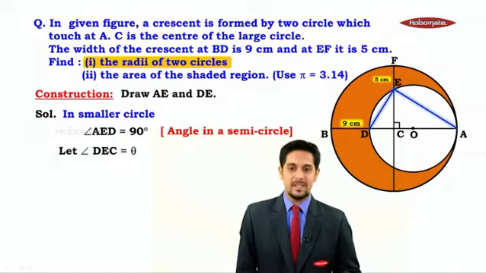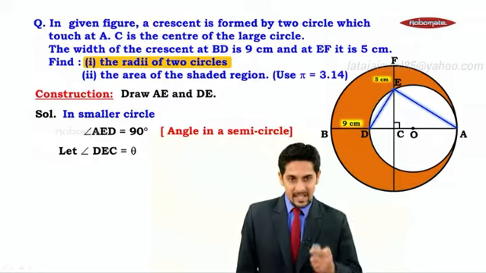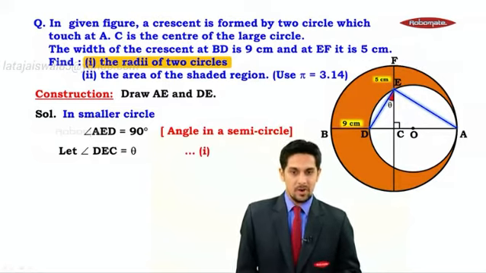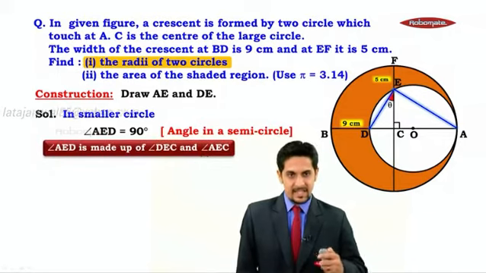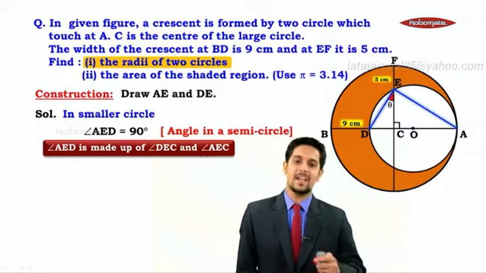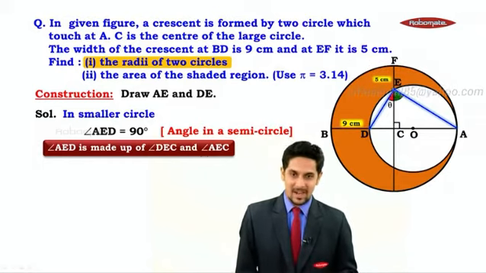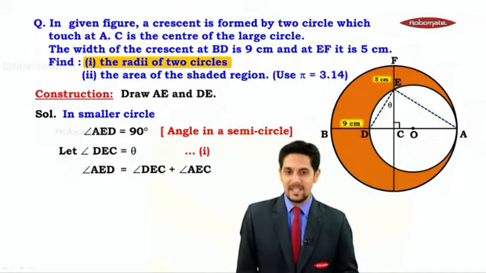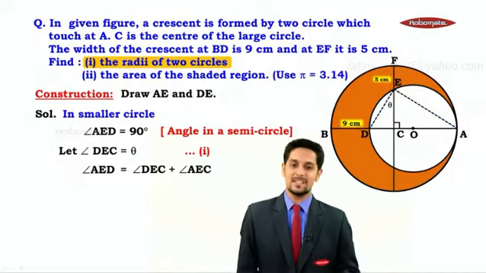Now students, let us consider angle DEC as theta. Also, if you observe, AED, the bigger angle, is made up of angle DEC and angle AEC. So we can write angle AED is equal to angle DEC plus angle AEC.